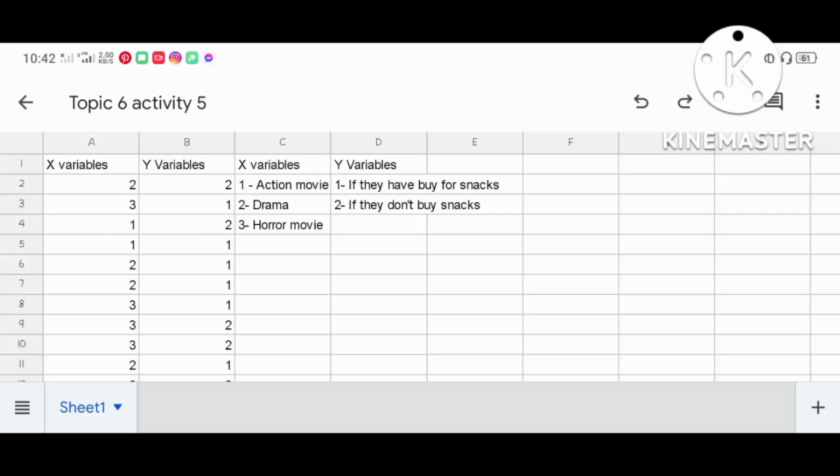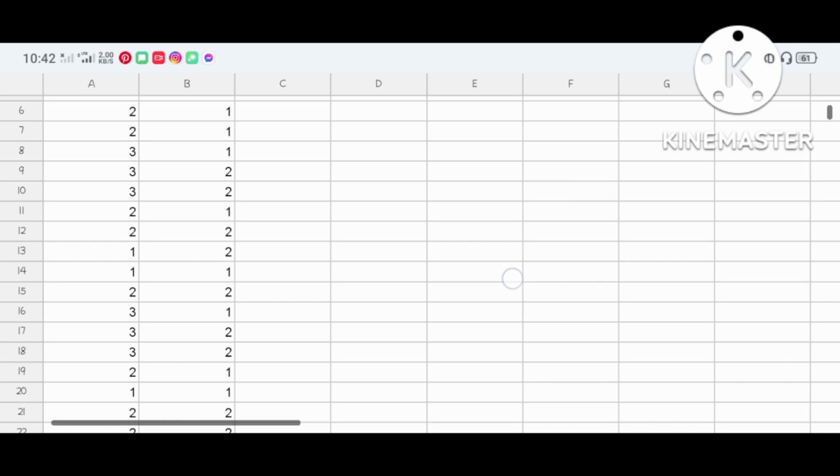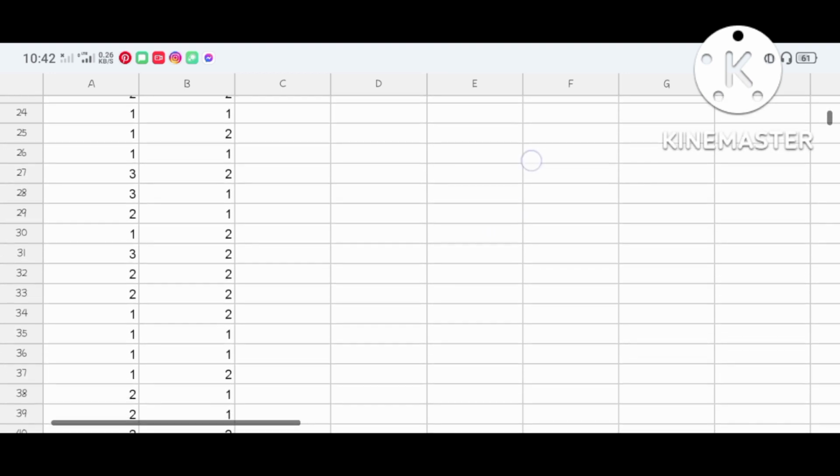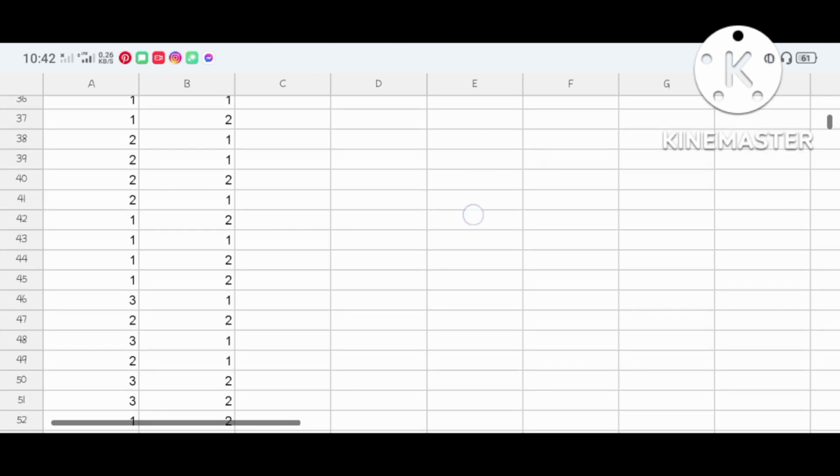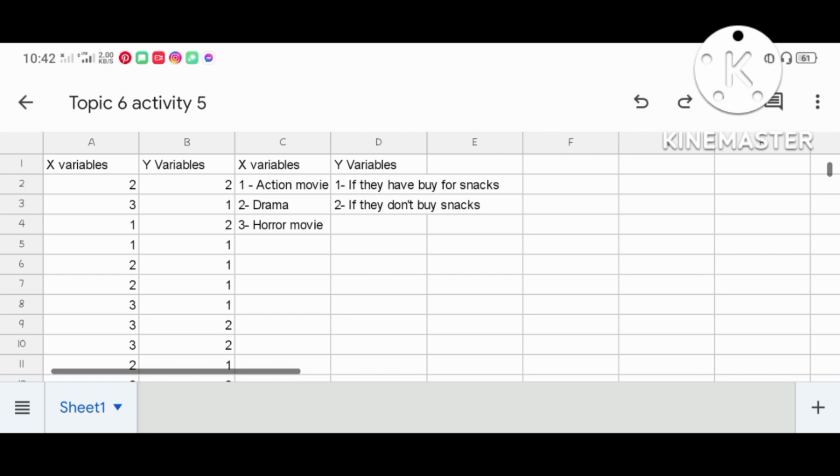As we can see, we have here a 100-data sample of X and Y variable data sheets. For the X variable, we have the type of movie they saw, with a code: number 1 is for action movie, number 2 for drama, and number 3 is for horror movie.